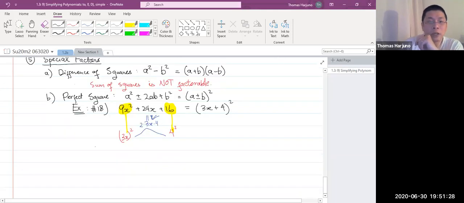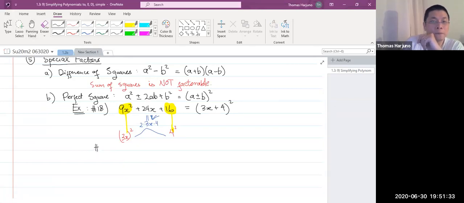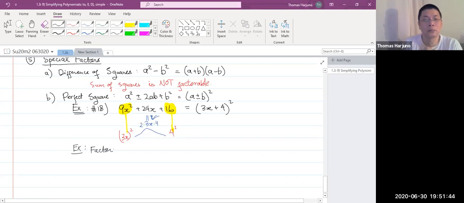Okay, so let's see another example. Suppose I have this. Let's say factor 4x to the 4th minus 28x squared y cubed plus 49 y to the 6th.